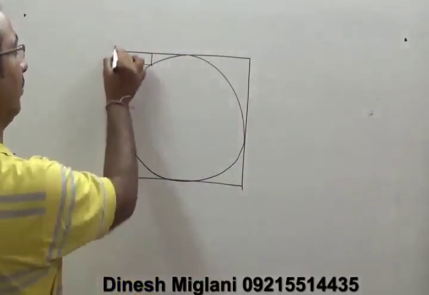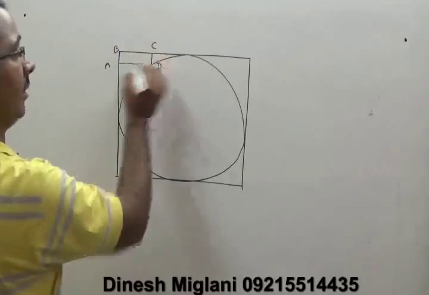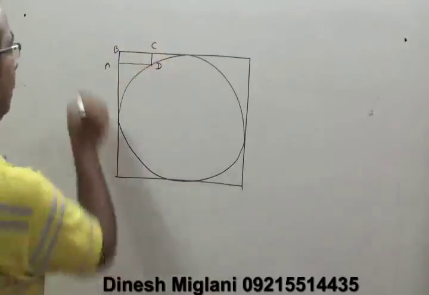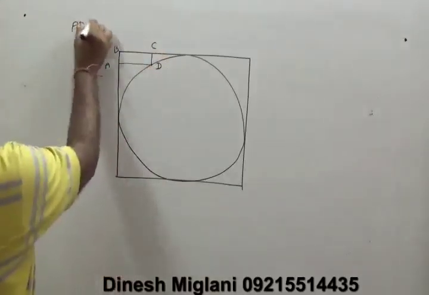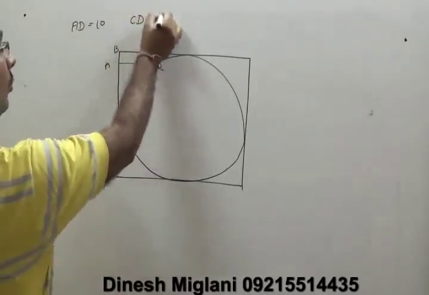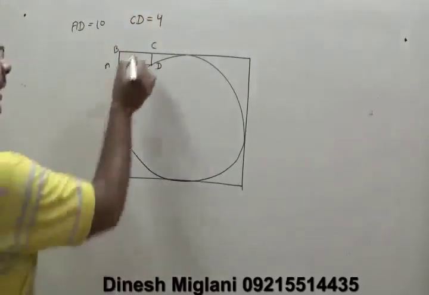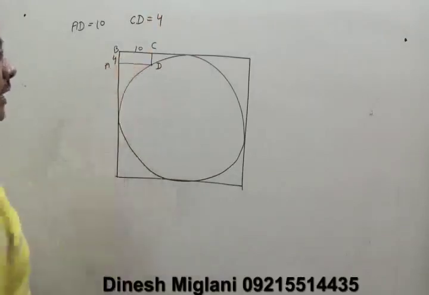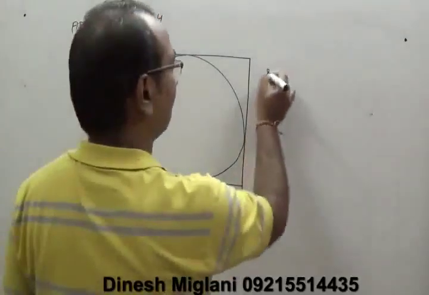This is A, B, C and D, where the dimensions of the rectangle are given. It is given that AD is equal to 10 and CD is equal to 4. Based on this information, we have to find the side of the square.